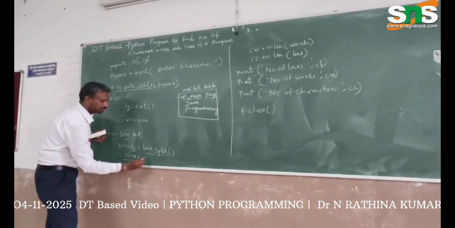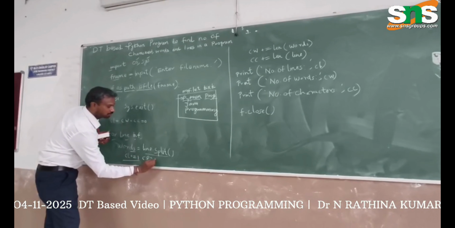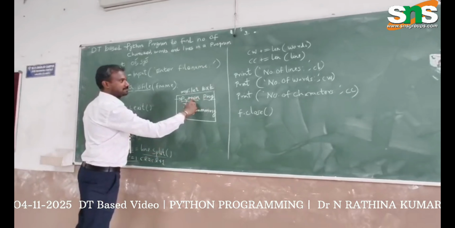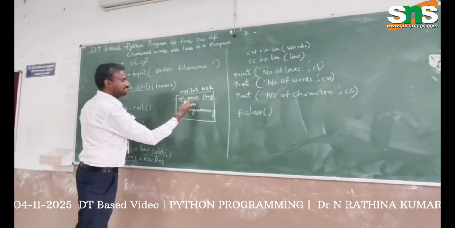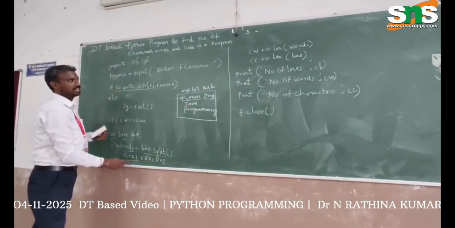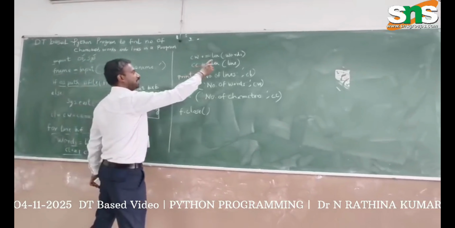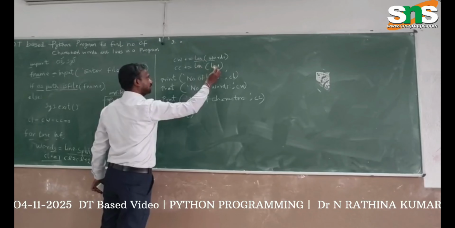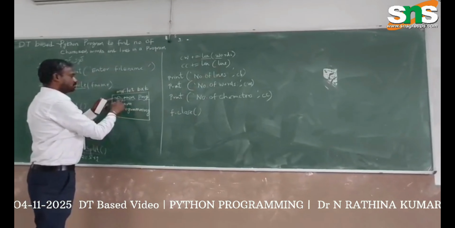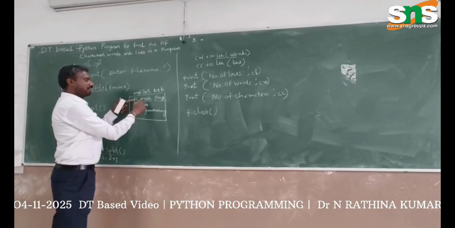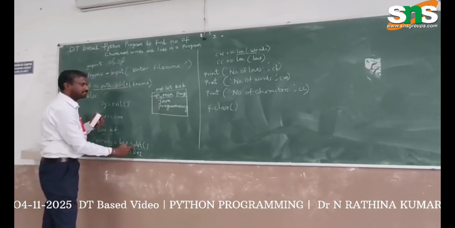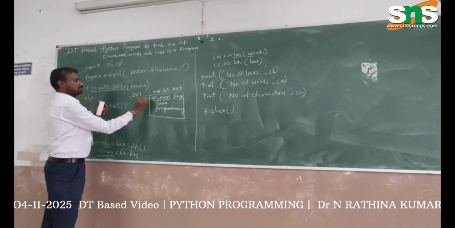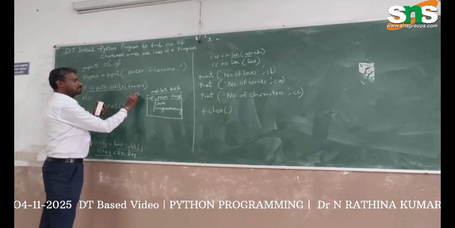We can also write this line as CL equals CL plus 1, which means the number of lines is automatically incremented here. Then we calculate the words with the help of the length function. First we check the first line, then we split using line.split, and after that CL is incremented by 1. So the line count, initially 0, is now 1.